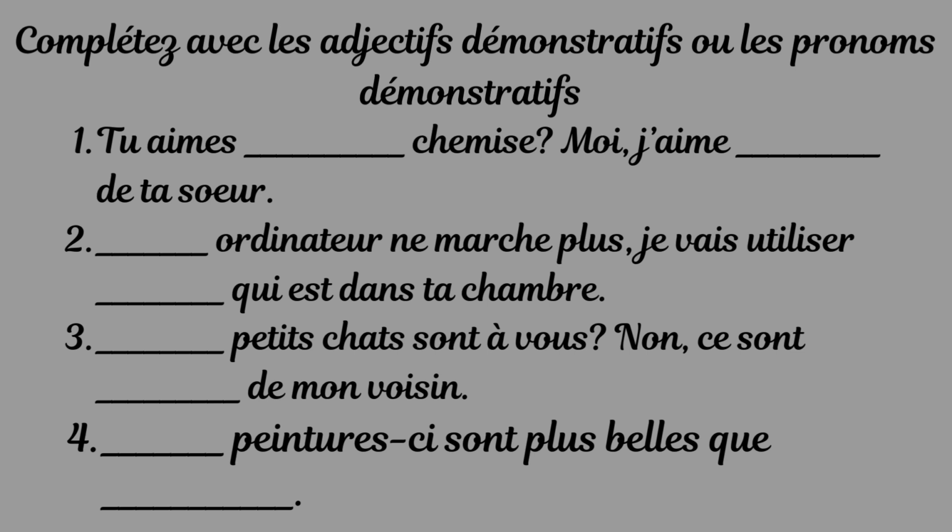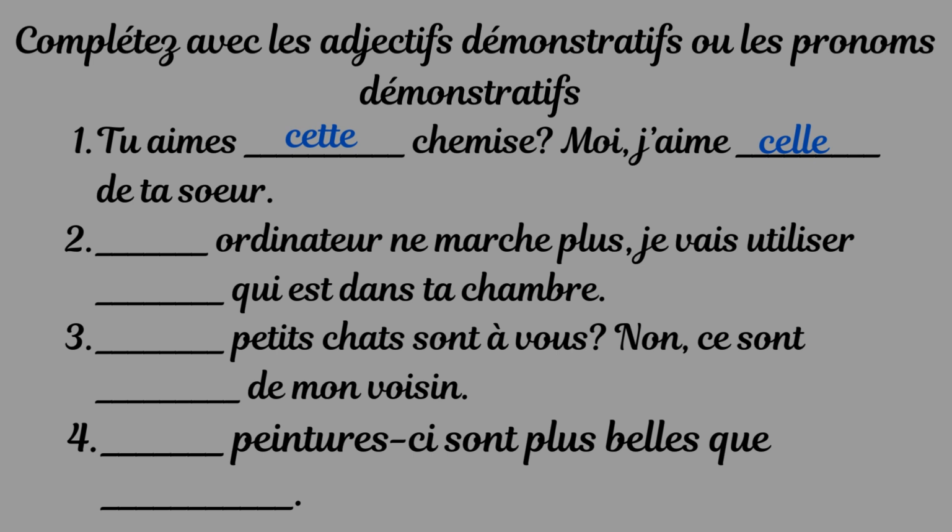Now, always remember that before nouns, we will always use adjectifs démonstratifs. So, because chemise is feminine singular, we'll use cette. Moi, j'aime dash de ta sœur. Now, here because we are talking about possession, I like the one of your sister, we'll be writing celle because chemise is feminine.